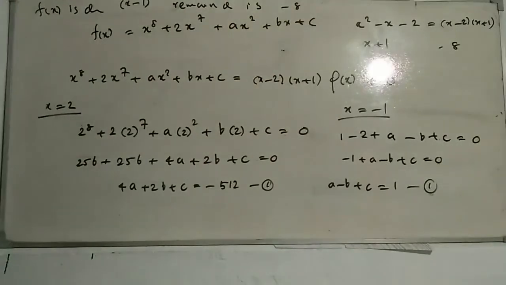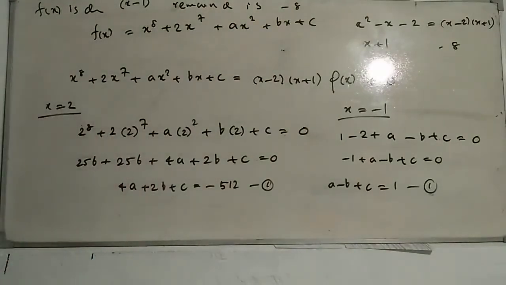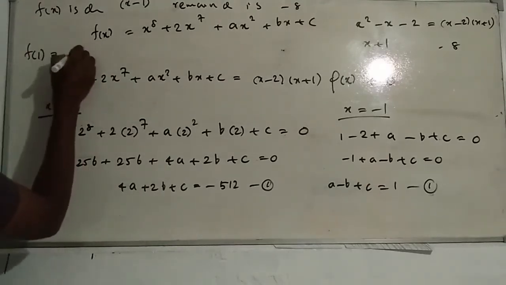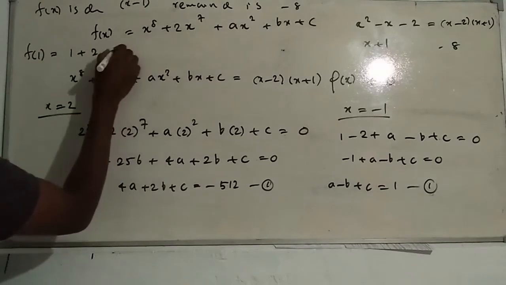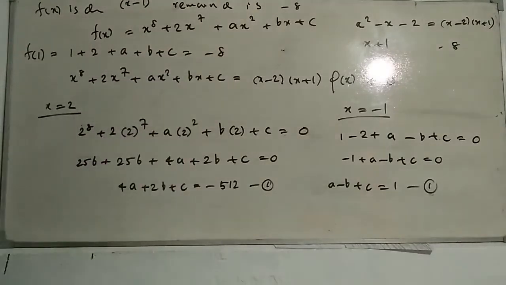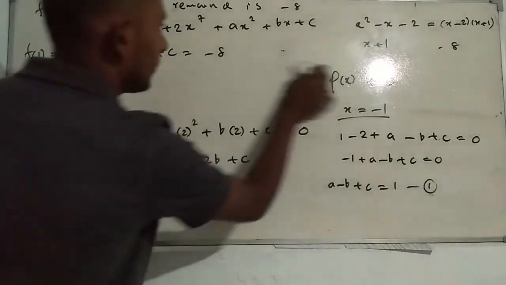This is our second help. Now I use the remainder theorem. I put f of 1 equal to 1 plus 2 plus a plus b plus c is equal to minus a. I can write like this, so I delete these parts, right?